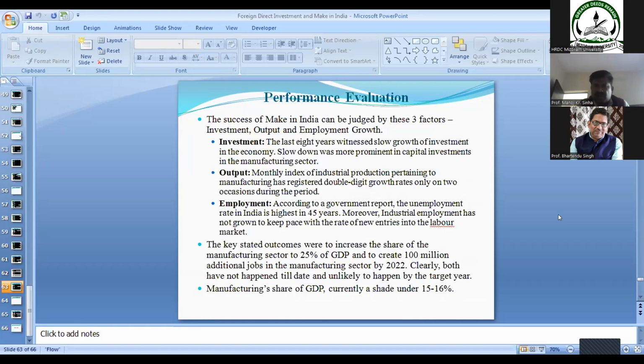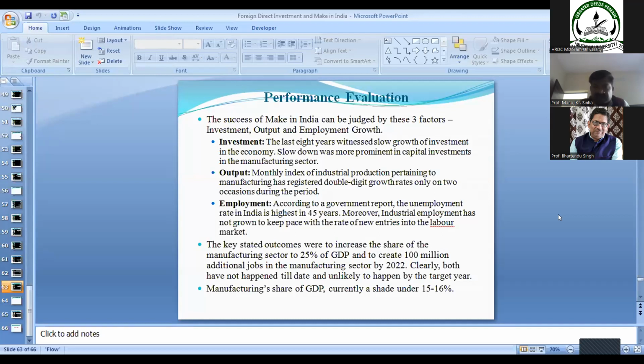In terms of output, the rate of growth of manufacturing is not in double digits. Our expectation is 12 to 14%, and the share of manufacturing in GDP is only 15 to 16%. Employment: unemployment in India is very high, the highest in the last 45 years.